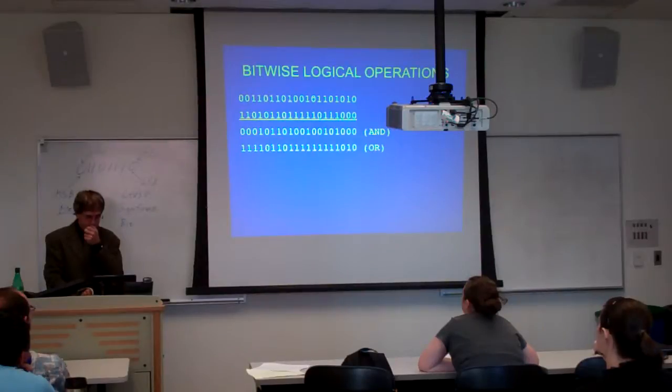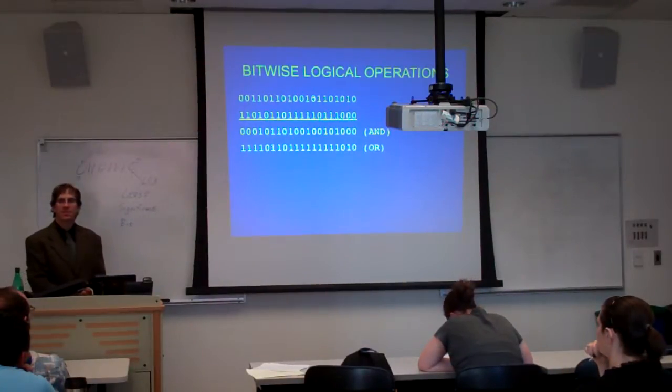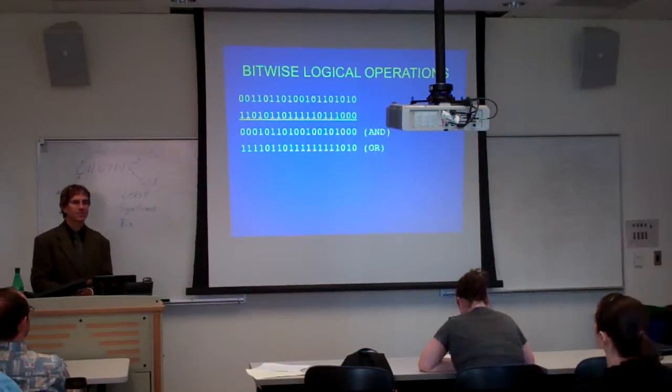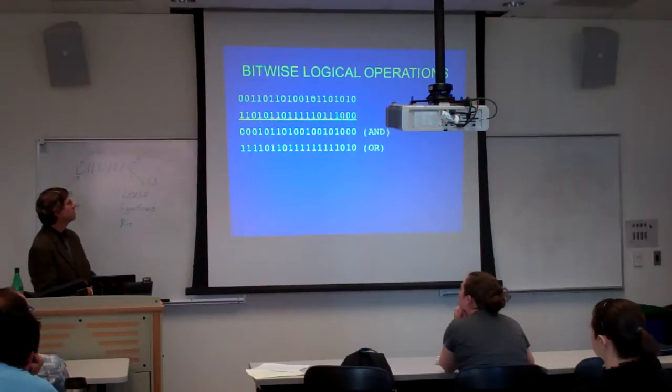We can do logical operations on strings of bits, and when we perform them on each pair of bits, we call that a bitwise operation. Normally when we've been talking about ANDs, we're thinking of two logical values, and if they're both true, then the result is true. In a bitwise logical operation, you're performing this on pairs of bits.